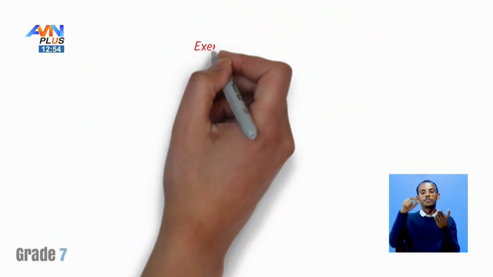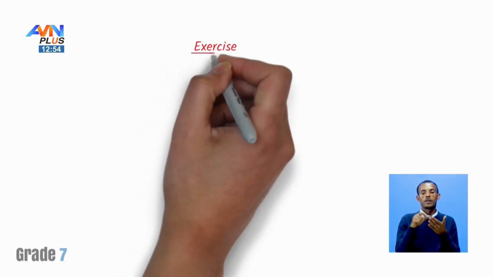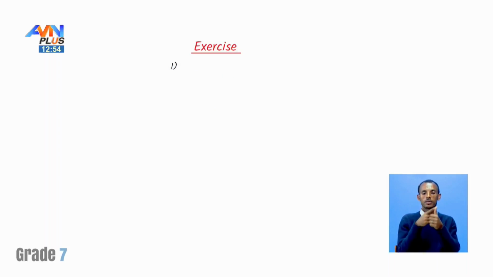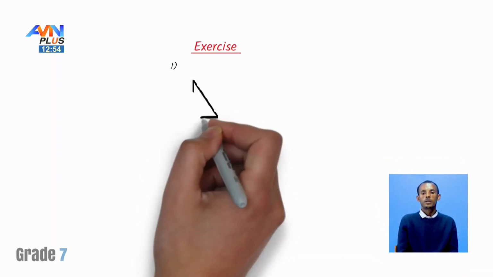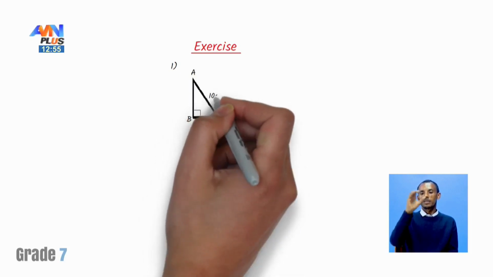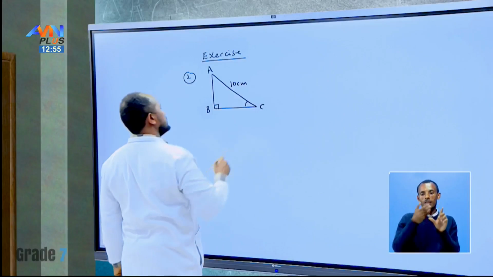Exercise 1. Take this triangle. This triangle ABC. This one is a right angle, and this hypotenuse is 10 centimeters, and this angle is given.